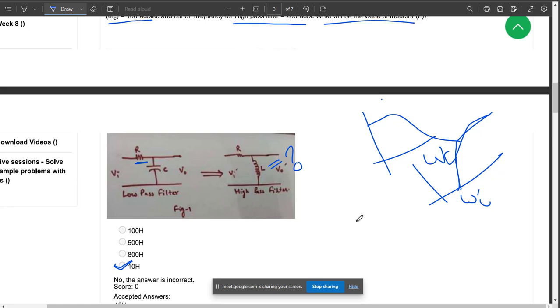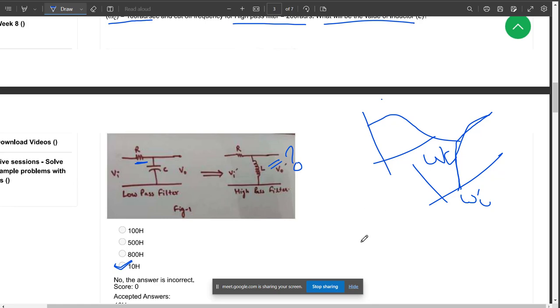To get a high pass. Here in the module it is given that from a low pass circuit to high pass, replace j omega with omega c into omega c dash by j omega.